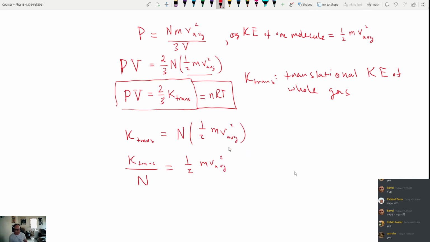And then we can use one of the other equations to relate this to temperature. So from this equation here, we can replace translational kinetic energy with 3/2 little n RT.